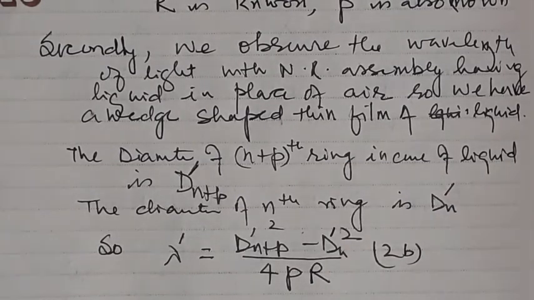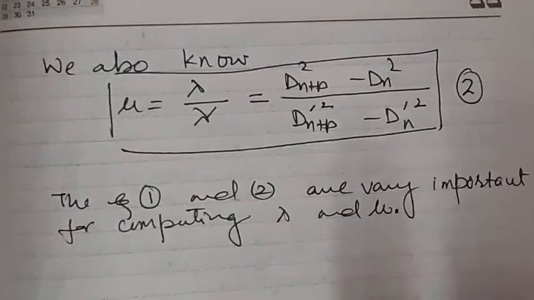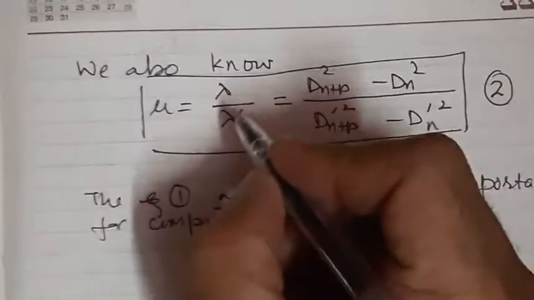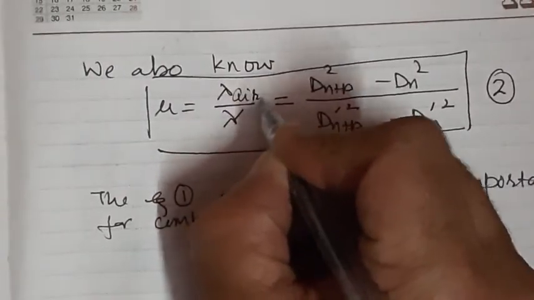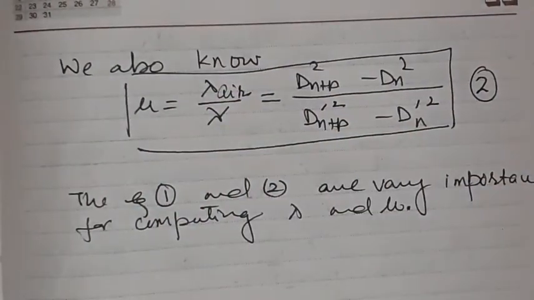So we also know a relation between the refractive index and the wavelength, of course, the refractive index is given as lambda air divided by lambda dash.